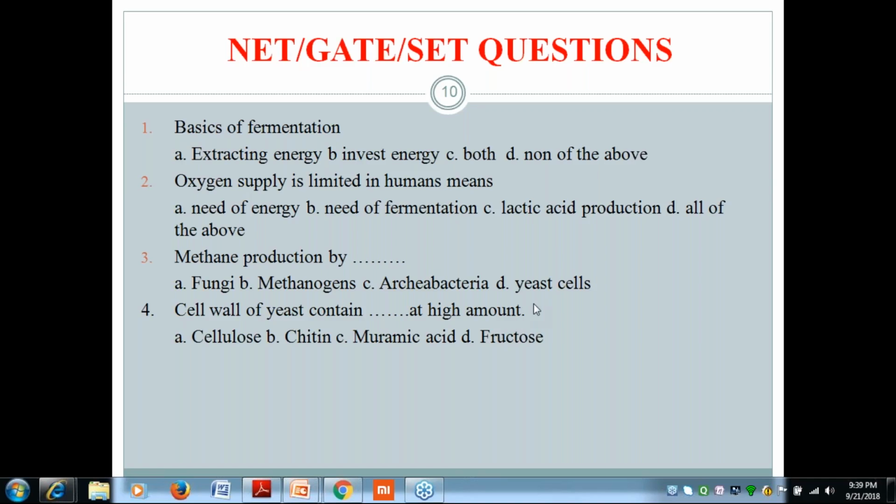Option C. Is it correct? Ashita is saying option C, that is archaebacteria.